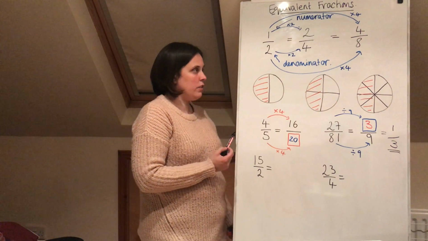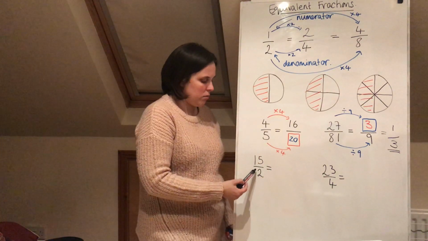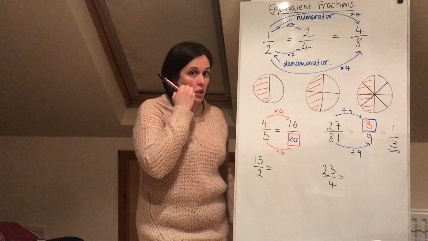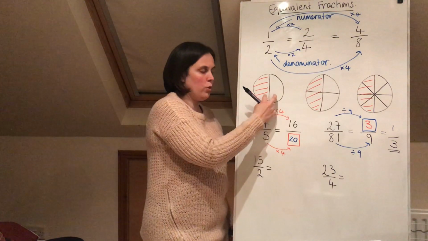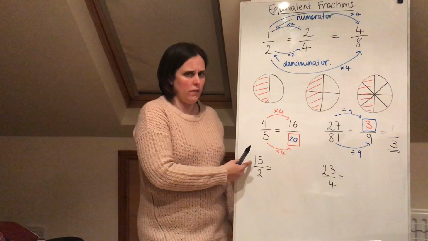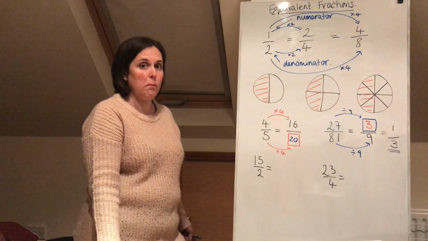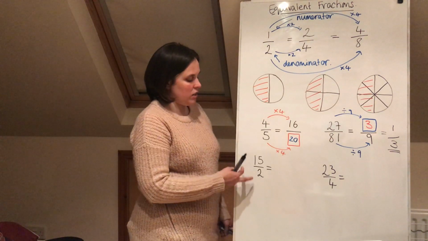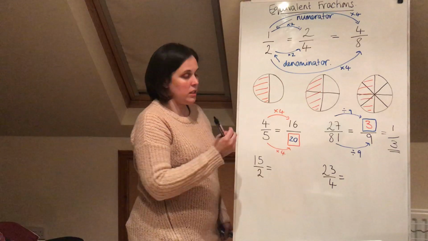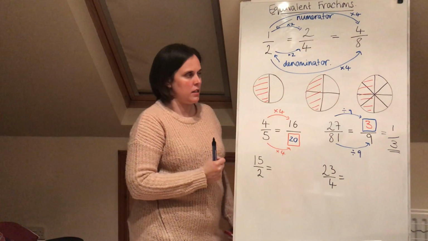So 15 over 2 would mean, if you think about it, if I'm cutting a cake into 2, one cake is only going to have 2 pieces. So I've got 15 of them, I'm going to need more than one cake. And the question is, how many am I going to need? The way to think about this is to say to yourself, how many times does 2 go into 15? Because every cake you've got 2 pieces.